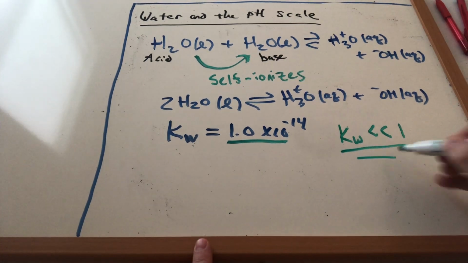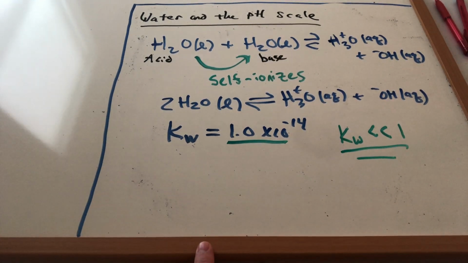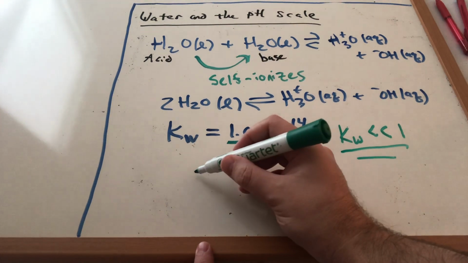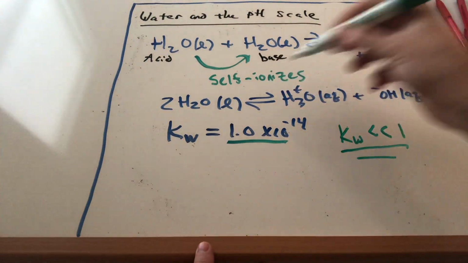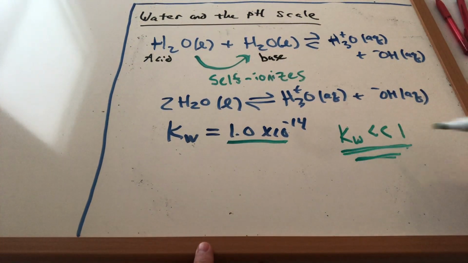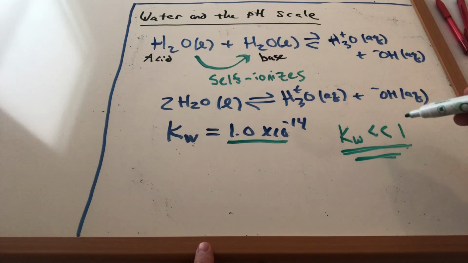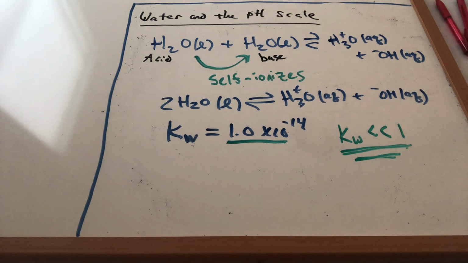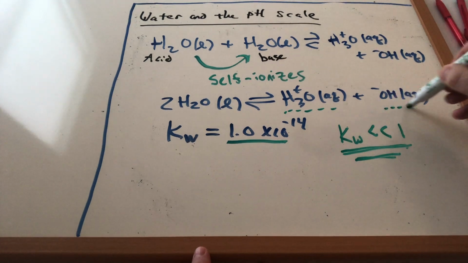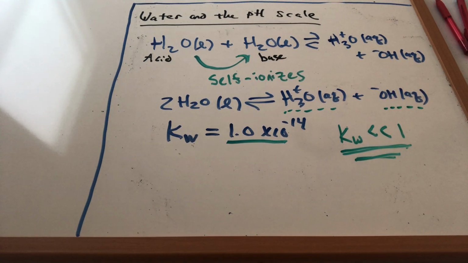When K is small, which side of the reaction is favored? We know that the reactants are favored. So while this happens, because the K is so small, this happens to a very small extent, okay? But it's good to know that there is, floating around in water, a small amount of H3O plus and a small amount of OH minus.